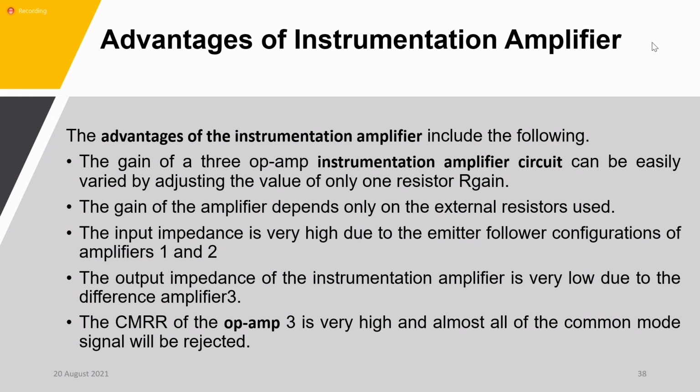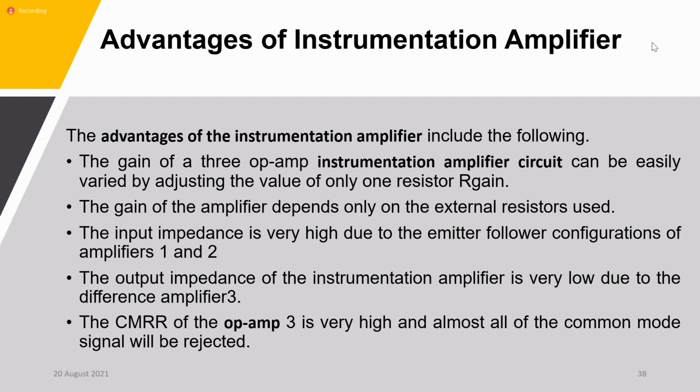The input impedance is very high due to the emitter follower configuration of op-amps 1 and 2. The output impedance of the instrumentation amplifier is very low due to the difference amplifier 3. Difference amplifier means the last operational amplifier. The CMRR of op-amp 3 is very high and almost all of the common mode signals will be rejected.